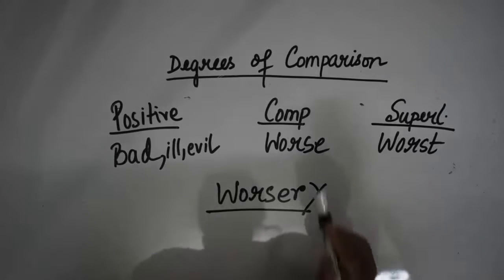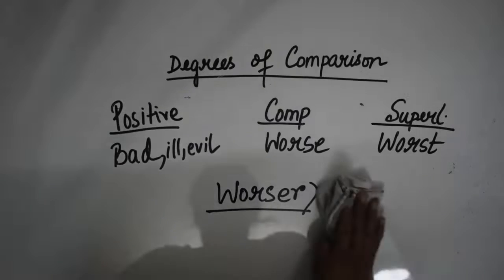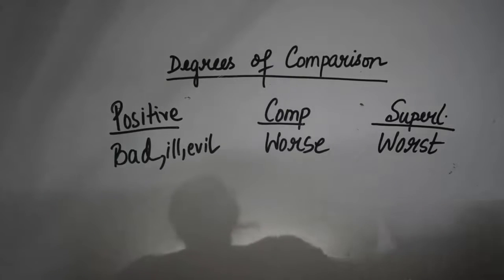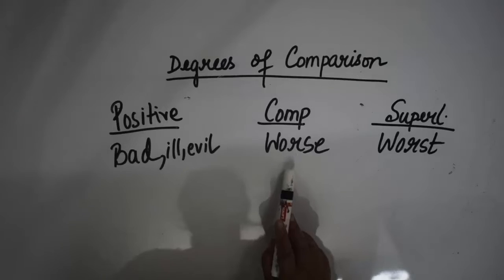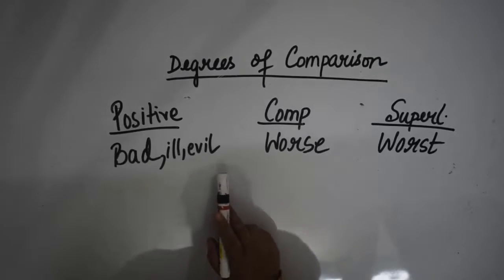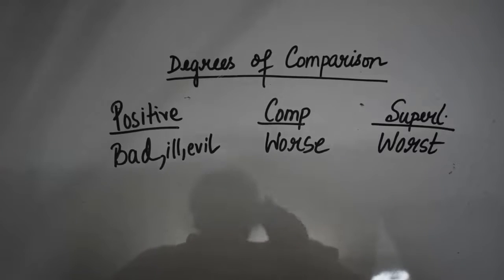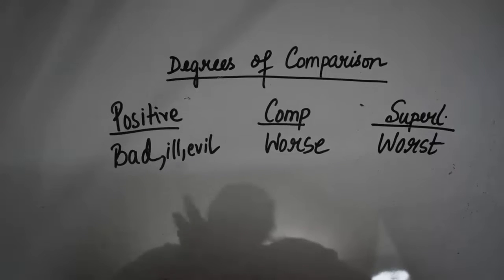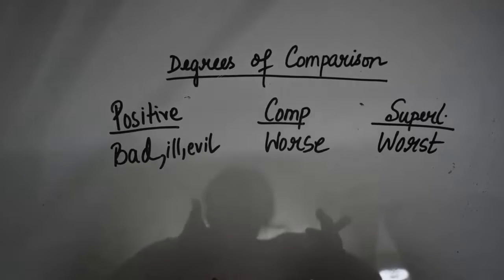The word worse itself is comparative, and the positive of the word worse is actually bad or ill or evil. So how are you? I am bad or I was bad. Today my condition is worse.